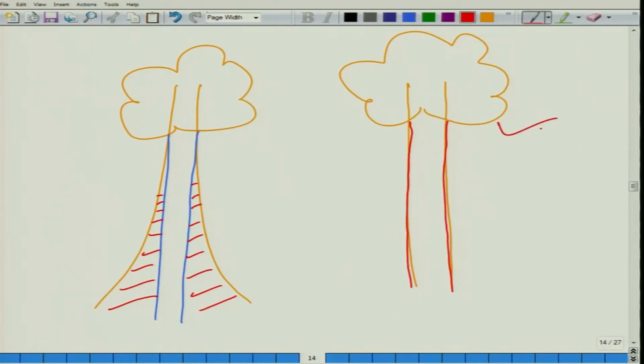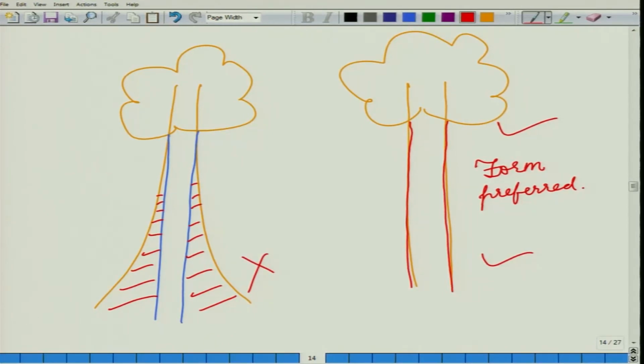So, this shape is preferred. Shape is also called form, so this form is the preferred form. We would like to know how we can engineer our trees to have this form and not this form.